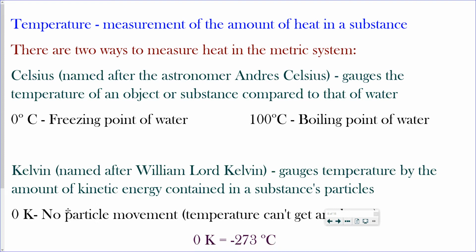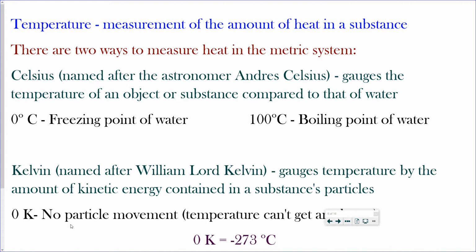You may have talked about how we take temperature in the metric system before. However, if you have not, these are the two SI units for temperature. First is the Celsius, named after the astronomer Anders Celsius. Basically the Celsius is based upon the boiling point and freezing point of water.